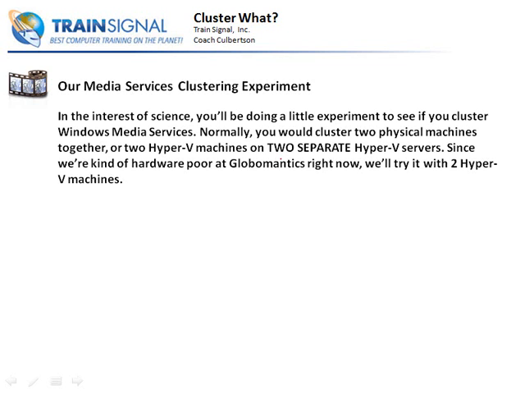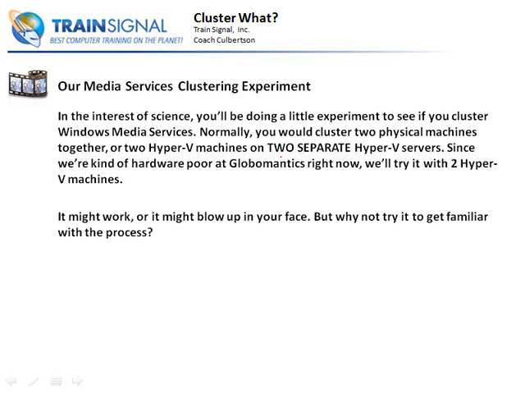I want you to actually see clustering and all the steps that go into it. I want you to be able to have some familiarity with the quorum configurations, and the easiest way to do that is to go through the steps. Now, we'll actually be able to create a cluster, and it might work and it might blow up in your face, but I want you to be familiar at the very least with the process.